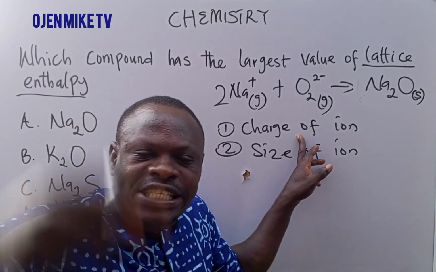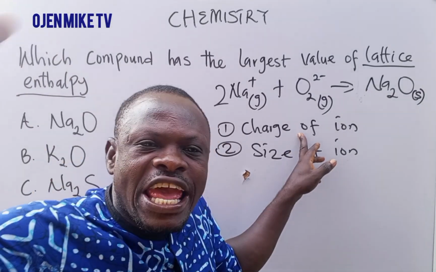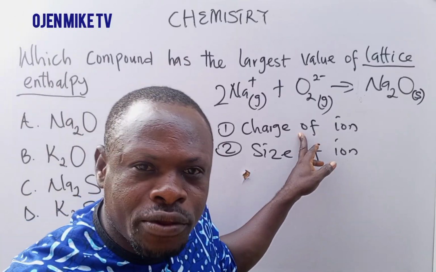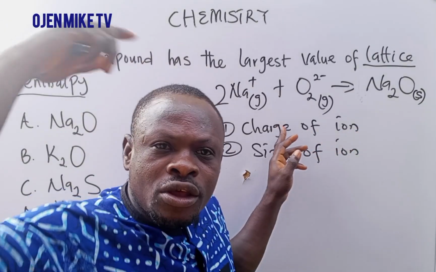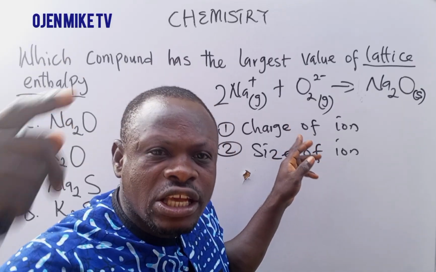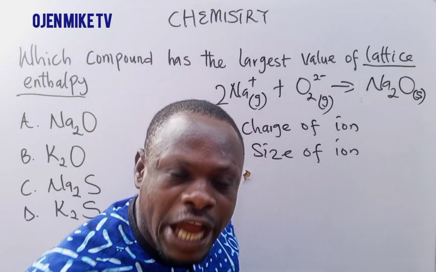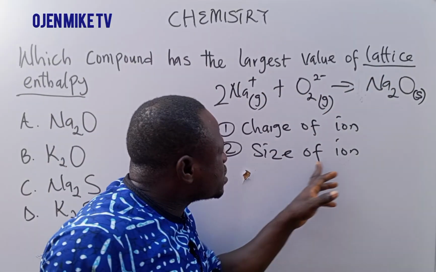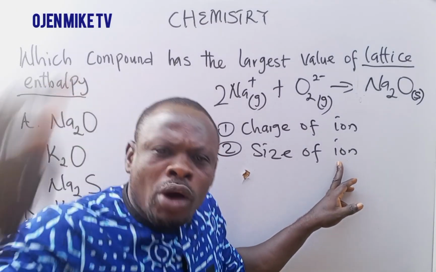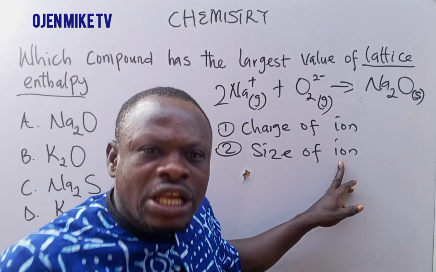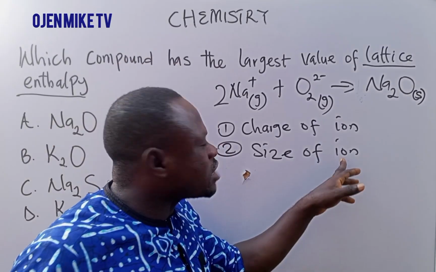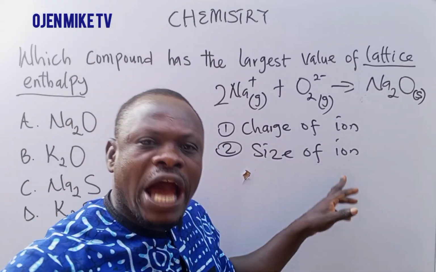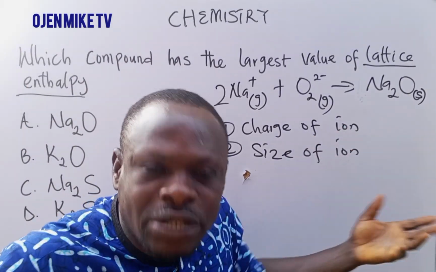In the case of the size of the ions, the smaller the size of the ion, the higher the lattice enthalpy, and the bigger the size of the ion, the smaller the lattice enthalpy. That is how it works.